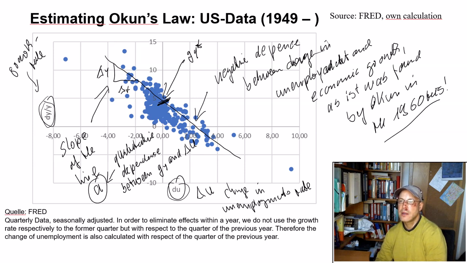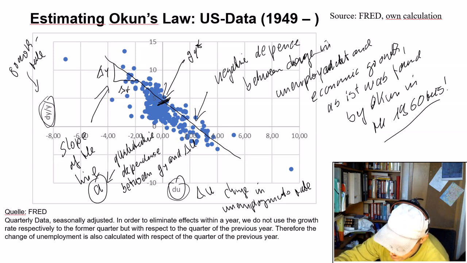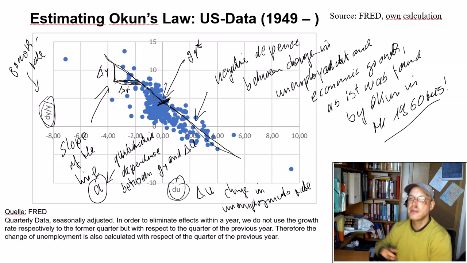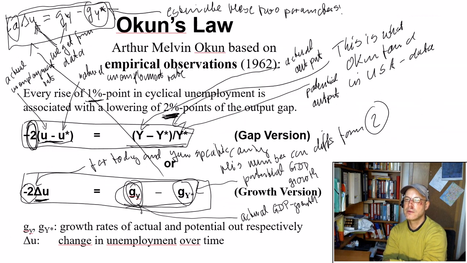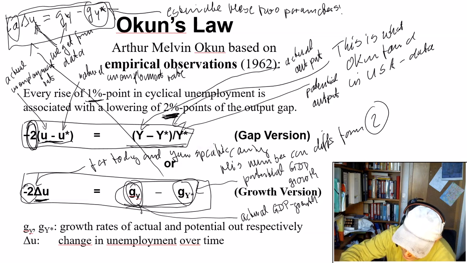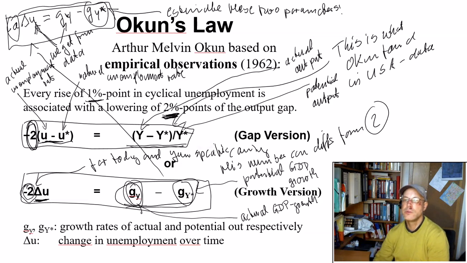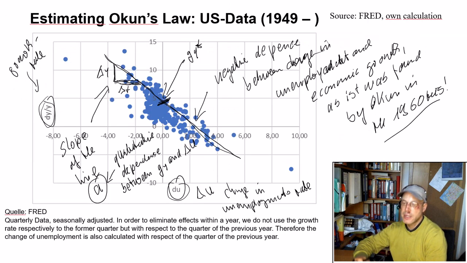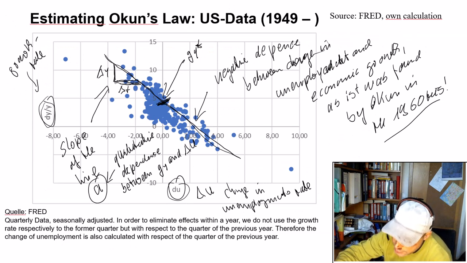What we now want to estimate is the best line to fit this data, and especially the slope of this line, which we can compare with the -2. And of course, we won't find exactly -2, but a different number, and then we can interpret this number and also the cut of the vertical axis here.